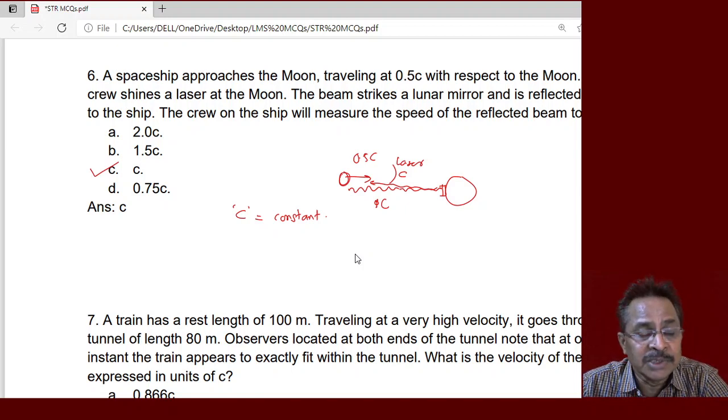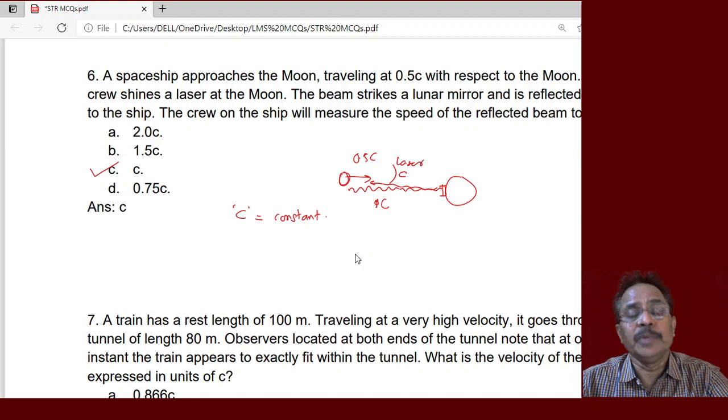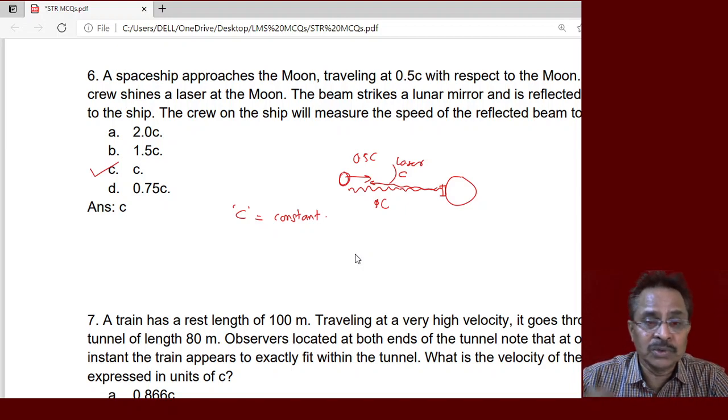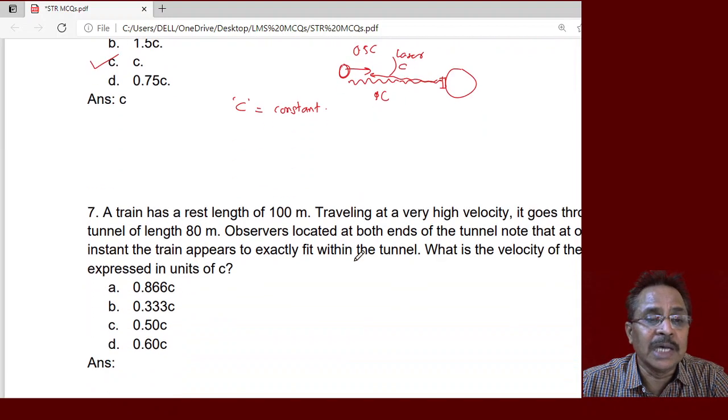So question number 6 is directly associated with this second postulate of STR. You just use this trick and get the answer of question number 6, that is C. No need to do any calculations here.